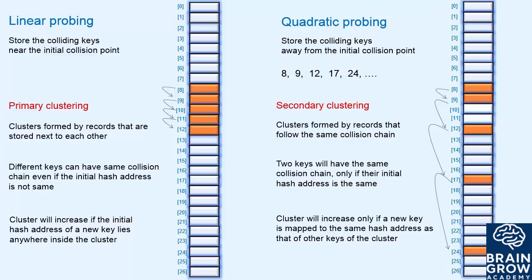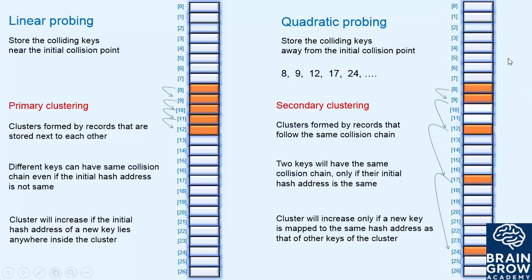Apart from this secondary clustering problem, another problem with this quadratic probing is that it can't access all the locations of the hash table. An insertion operation can fail in spite of empty locations in the table. In linear probing, an insert operation will fail only when the table is full.